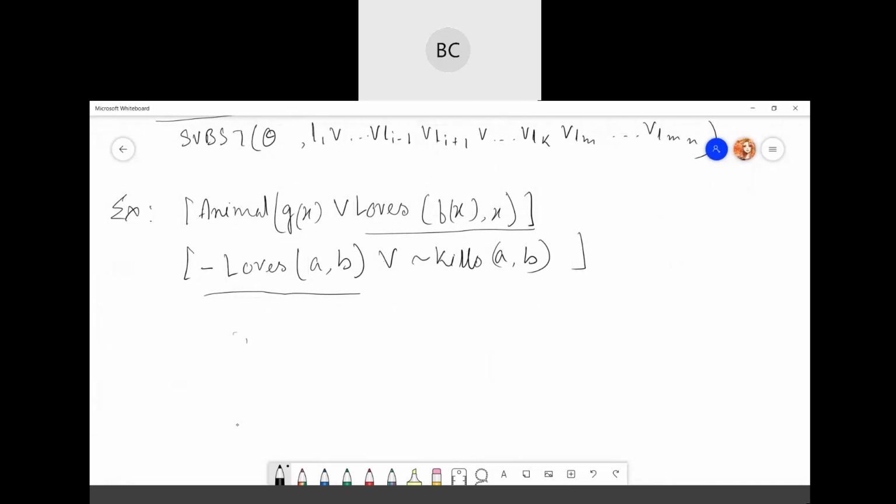Substitute is a unifier, right? So theta is a by f(x) and b by x.